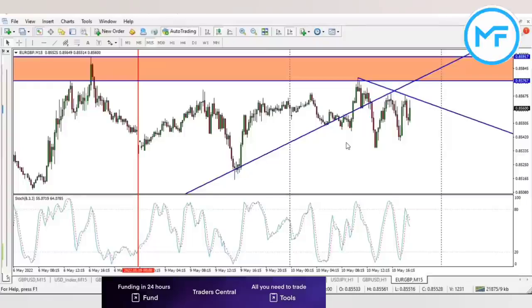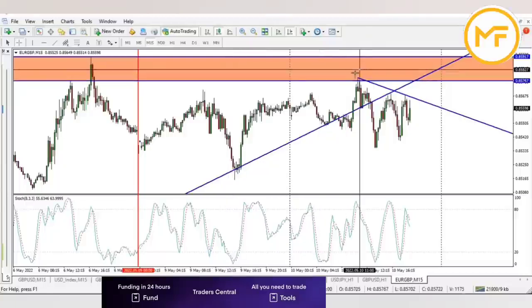Can I ask something? Yes. Since you are saying to where I should buy, then when the market is going back, I should sell again. When the market is going back, you see where you are saying I should sell. Like here, right?